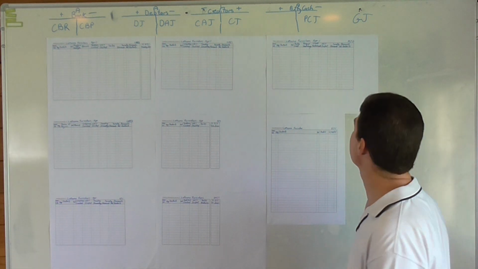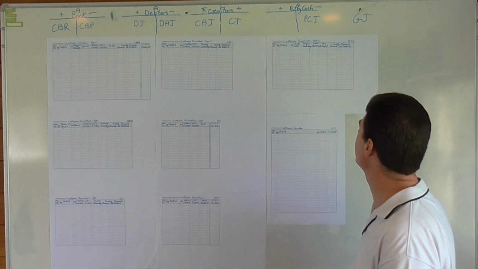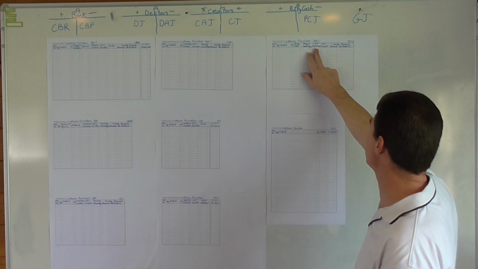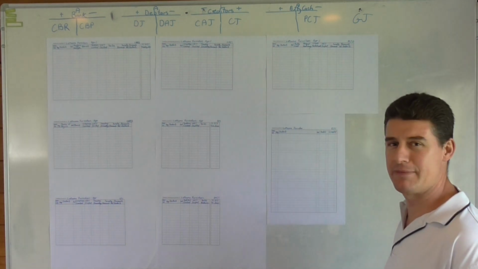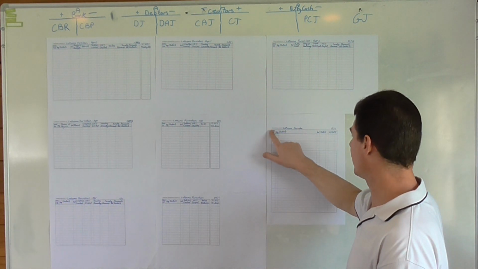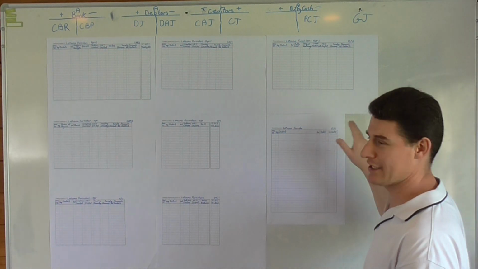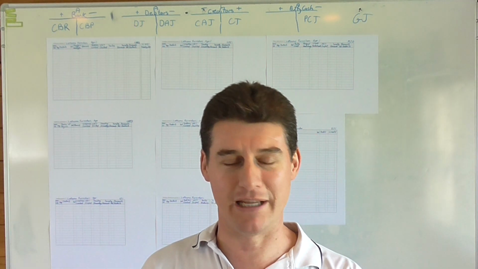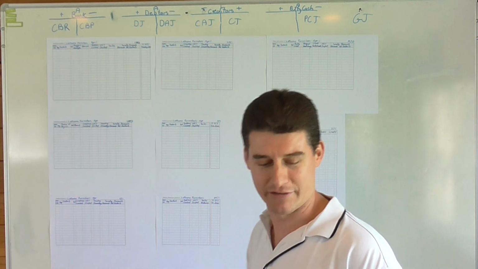Then your petty cash is your document number, day, details, folio, petty cash, postage and stationery, staff refreshments, VAT input, and your sundry accounts. And then last but not least, your general journal: your document number, day, details, folio, debit, and credit. Okay, so if you have your templates in front of you, just complete those headings, and then we will carry on from there.